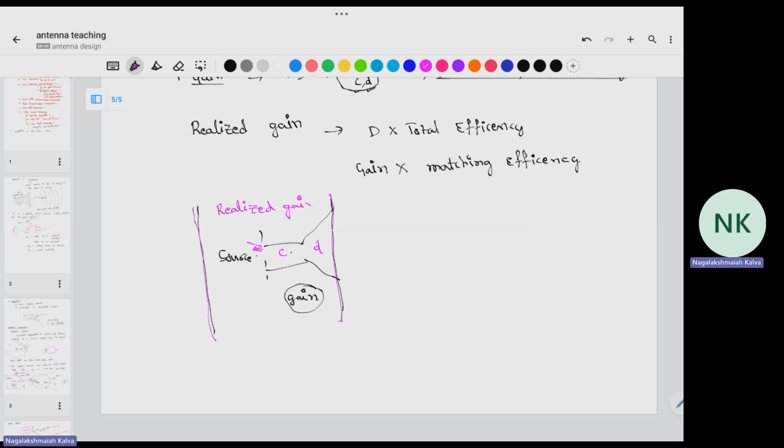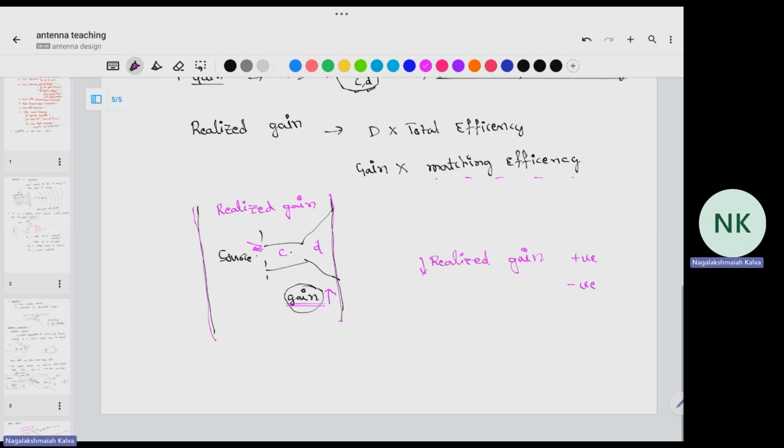So whenever we are designing an antenna, we least bother about the gain term. We have to bother about the realized gain term, whether it is positive or negative. You might have gain as positive, but if you don't have impedance matching, that will give realized gain as negative.